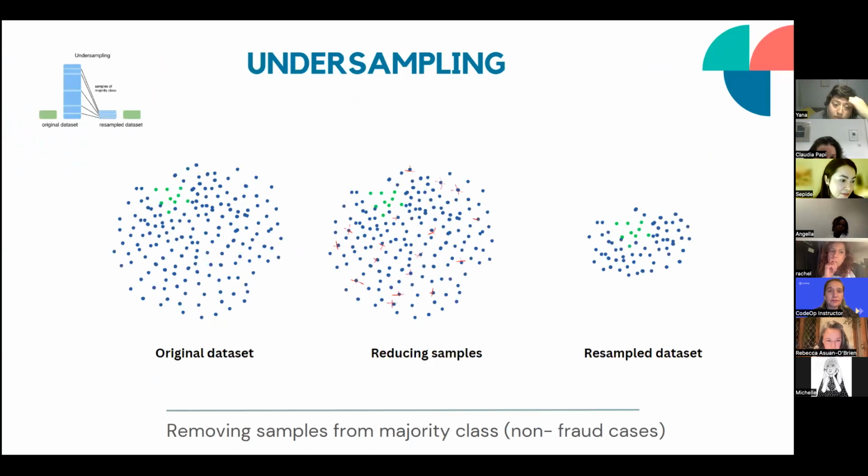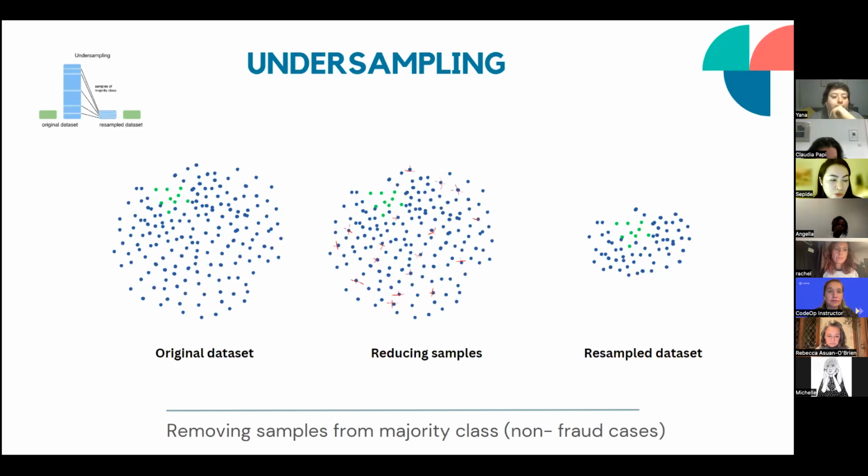Another technique that we mentioned was undersampling. Basically, we reduce the number of observations in our majority class, which is non-fraud cases. By doing this, we are balancing our data set and having an equal number of fraud and non-fraud observations.